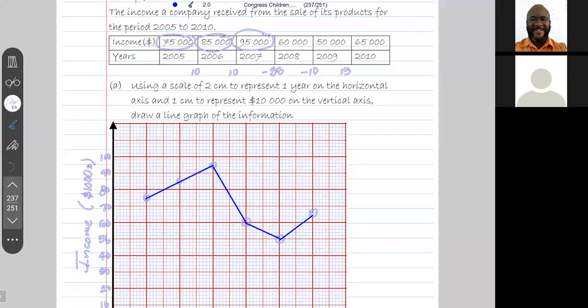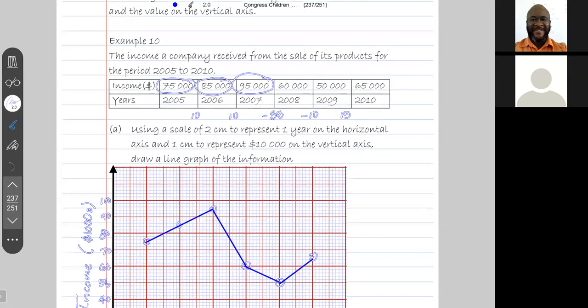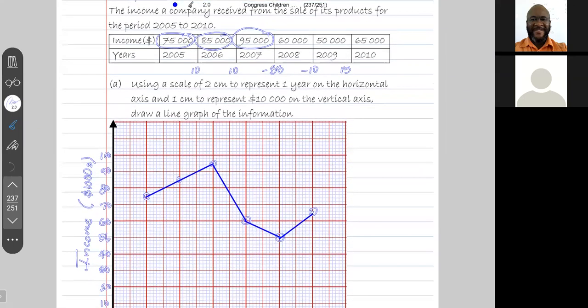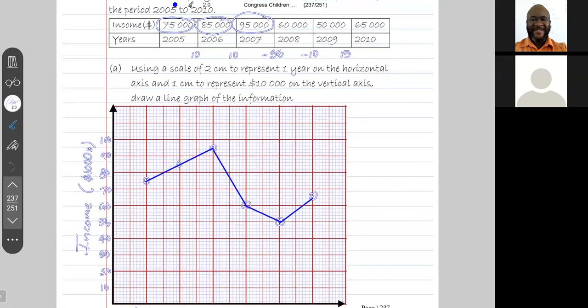All right, to answer this question, first of all, you have to understand what an increase means. In 2010, the income from sales is 65,000.